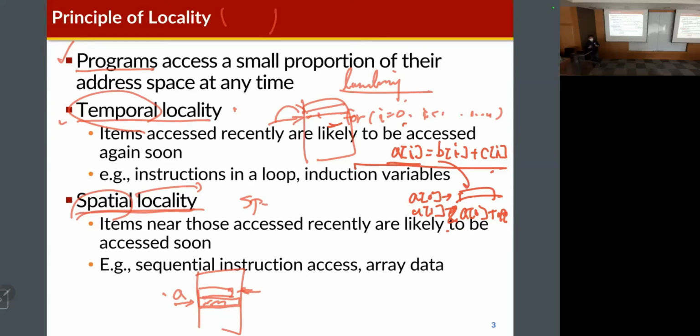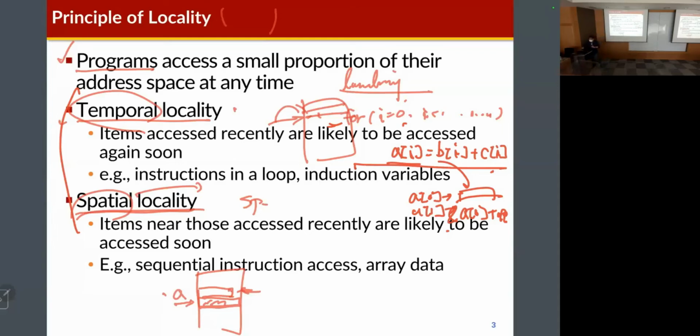This is spatial locality. So there are two kinds of locality, and we can check the locality of our data or our program, time related or space related. And these two kinds of localities are observed in our normal applications, in normal data.